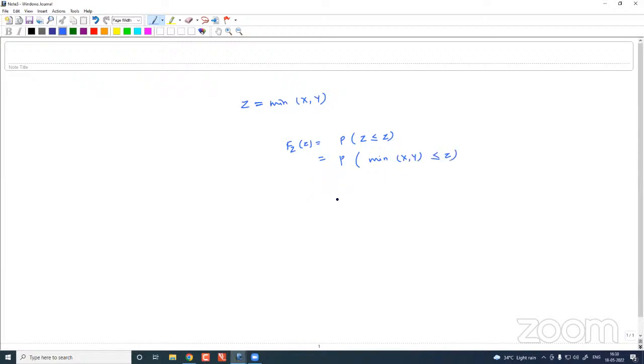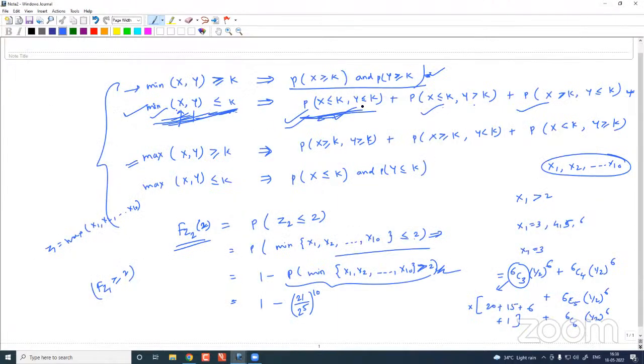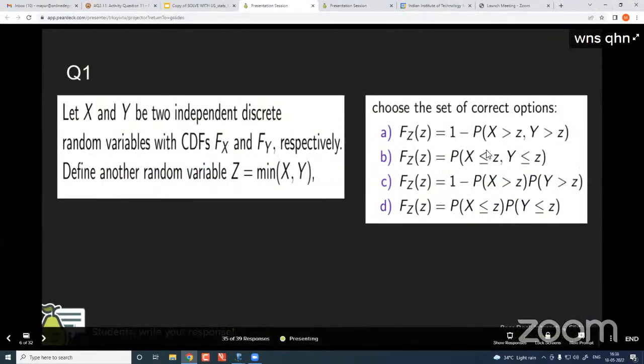So how can I write this? Like 1 minus P of X greater than z and Y also greater than z. So option A will be correct, right?